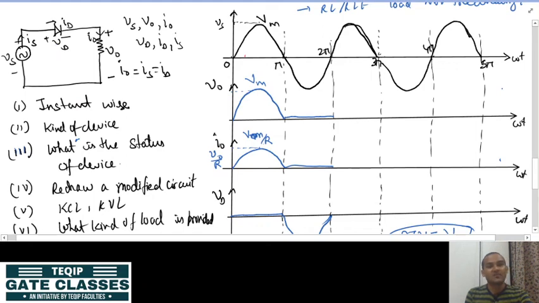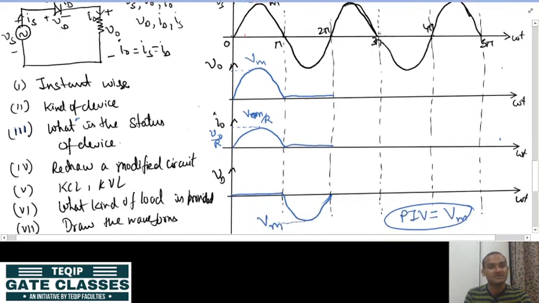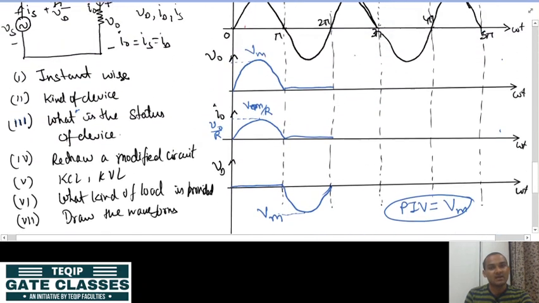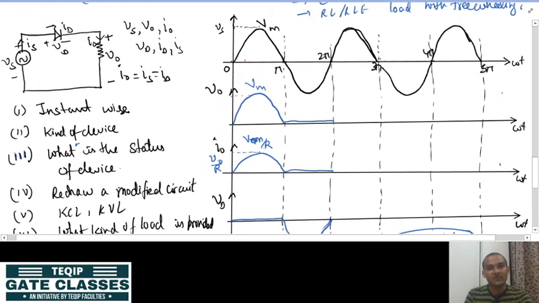So, the circuit will be like this, which we have already drawn here, and the same analysis will be applicable. So, we can freely draw like this. This is the load voltage, this is the load current, and that is the diode voltage.